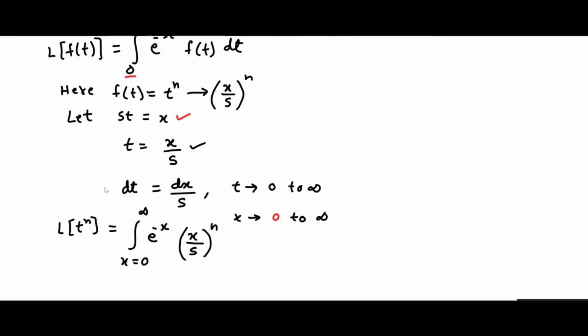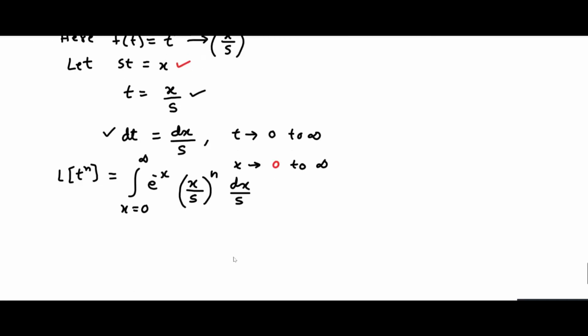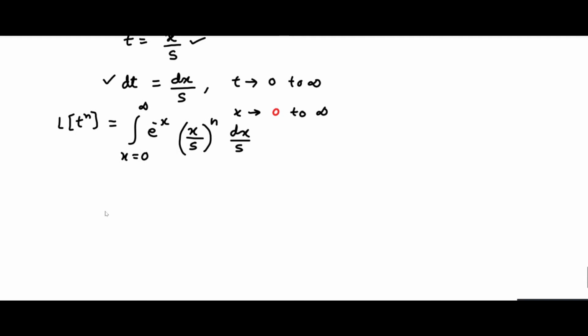into dt. The dt value over here is dx by s. So if we rewrite this integral, we get the integral from 0 to infinity of e power of minus x, times x power of n divided by s power of n, times dx by s.